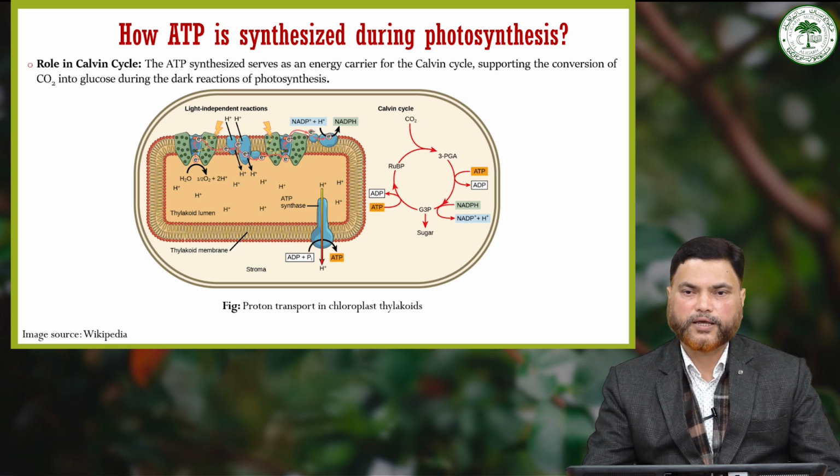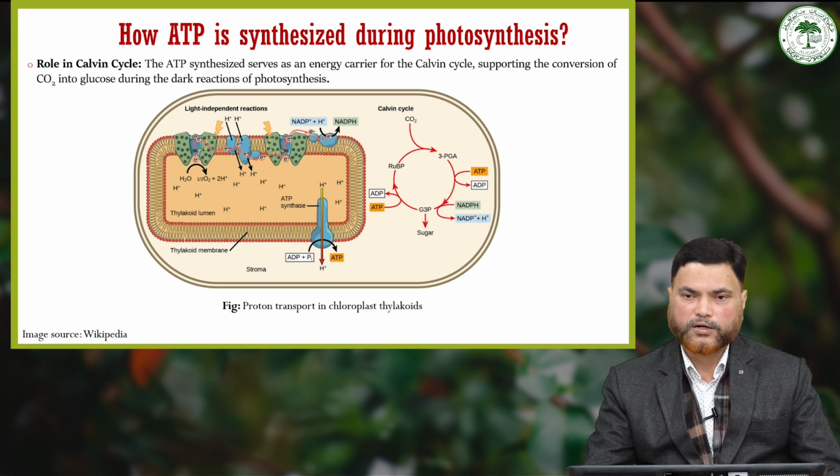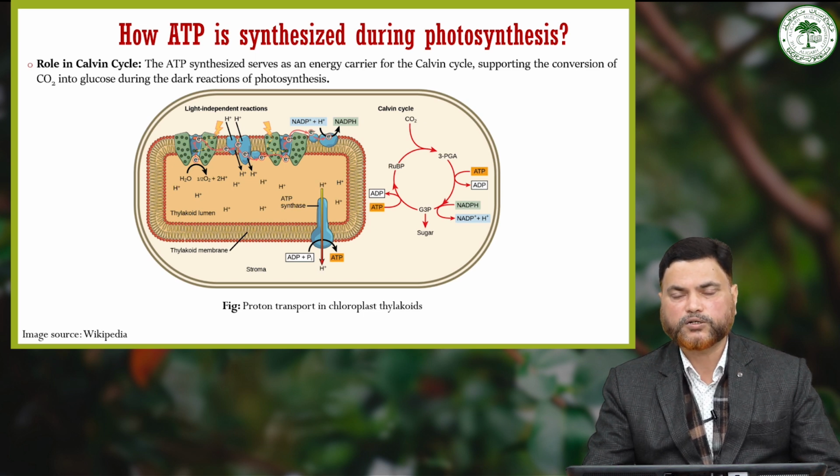So during the light reactions of photosynthesis, protons accumulate in the thylakoid lumen, establishing a proton gradient that activates ATP synthase, which is an enzyme complex embedded in the thylakoid membrane, as I have shown in my previous lecture. Protons then move through the ATP synthase from the thylakoid lumen to the stroma, driving a rotational mechanism within ATP synthase that converts the proton gradient's potential energy into mechanical energy.